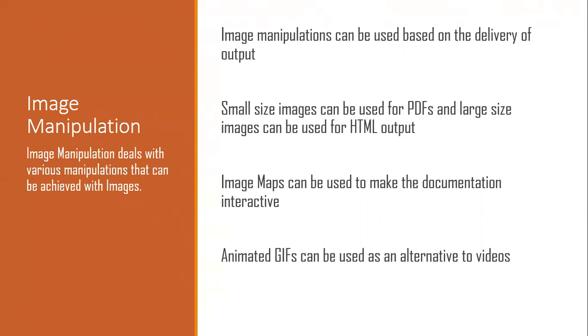So why do we need these manipulations? Let's take an example: if you are delivering the same content in PDF as well as HTML output, then you can't use large screens for PDF because they will go out of boundary. So in that case, you have to put in smaller sized screens.